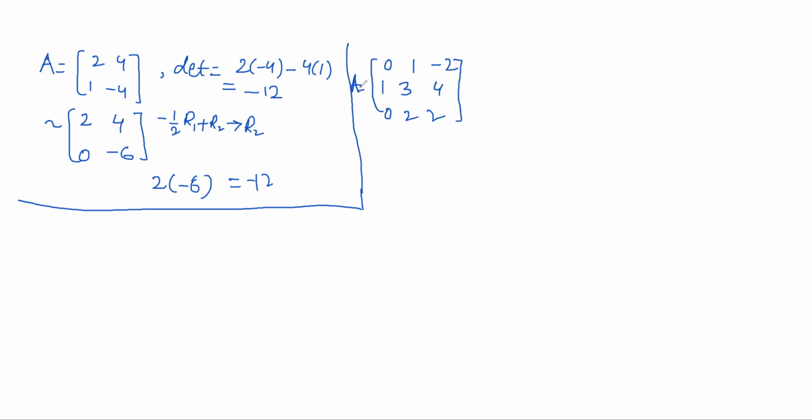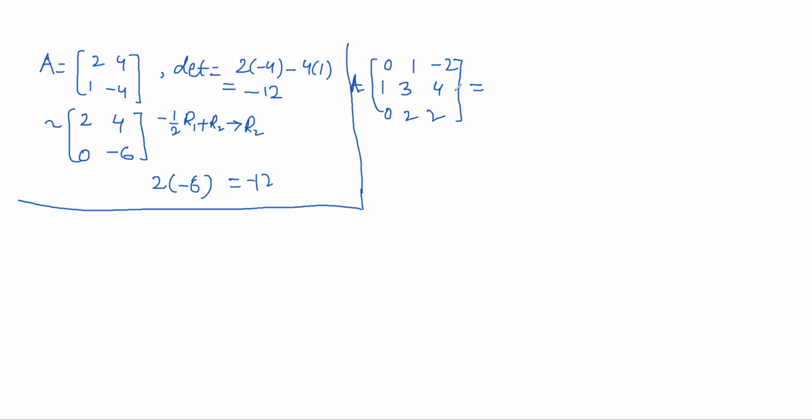So suppose we want to find the determinant of this matrix. Actually, by column expansion it is also easy to find, because in this column, 2 of the elements are 0. So if we expand it by this column, the signs will change.